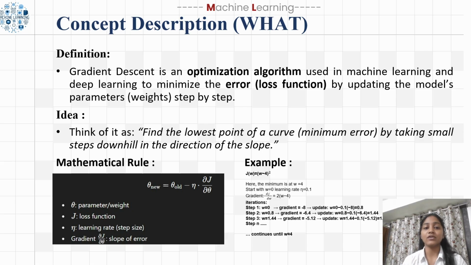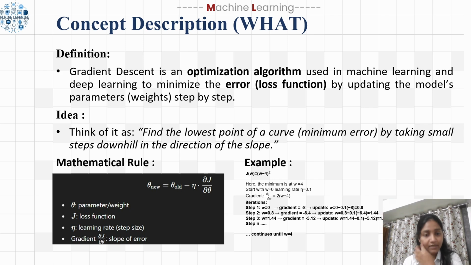Our main purpose is to find the lowest point of a curve by taking small steps downhill in the direction of the slope. We cannot jump from one step to another. We have to take step one, step two, step three, all the steps.